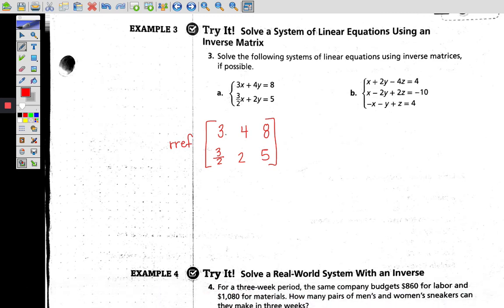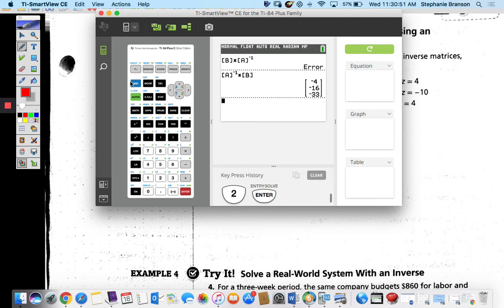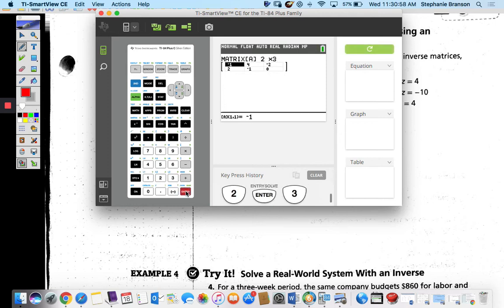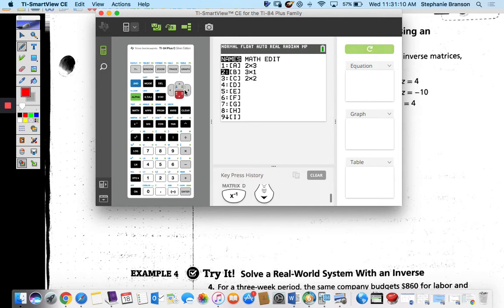All right. So when you put this in, we had 3, 4, 8, 3 halves, 2, 5. Second matrix, and we go over to math. Remember I told you we were looking for RREF, right?